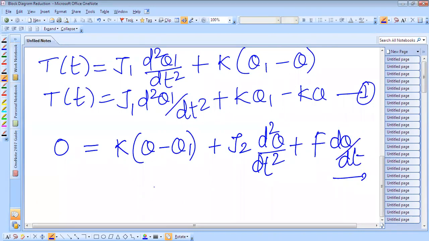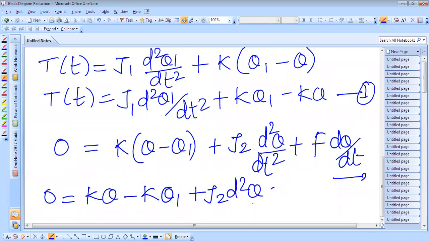We can solve this equation further: k theta minus k theta 1 plus J2 d square theta by dt square plus F into d theta by dt. This is equation number 2.